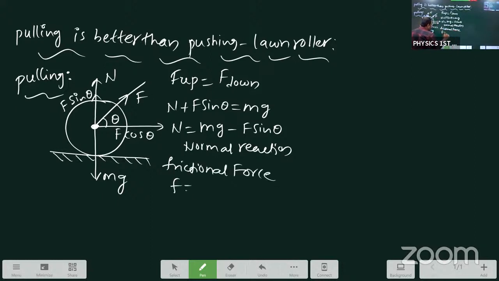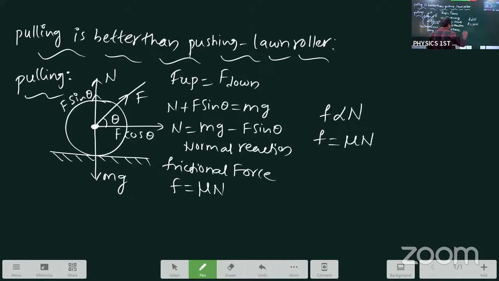So the frictional force f equals mu into N. What is the general frictional force? Small f is the frictional force, capital F is the external force. f is directly proportional to normal reaction. On removing the proportionality, we get the constant mu.